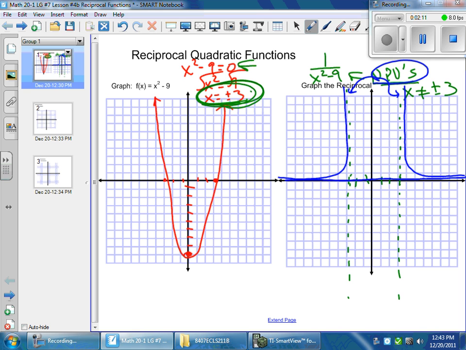But what about this section in the middle? What about this in here? Well, the way it looks is really, really cool. Remember, you had a vertex here of minus 9. Don't forget, you're doing the reciprocal, which means flip it. So now you've got minus 1/9. This value stays the same. So on the 0, you go to minus 1/9, which is about here.